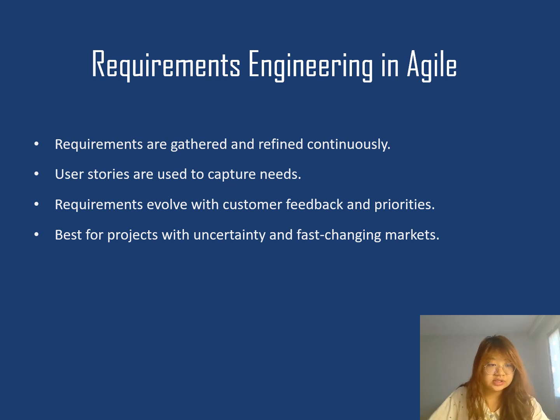Feedback from users and stakeholders is included regularly, so requirements can evolve as the project moves forward. This method works best for projects with a high level of uncertainty, like startups building mobile apps or fast-changing e-commerce platforms. On the slide, you can see an Agile cycle diagram showing how requirements are revisited at every sprint.